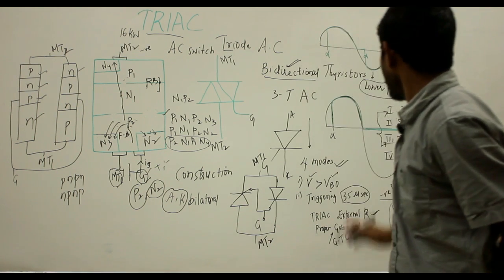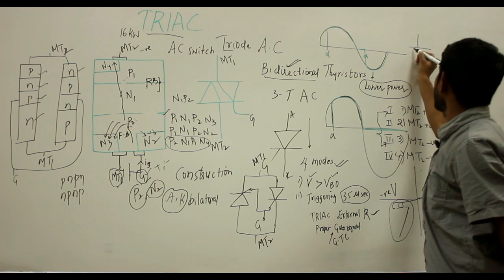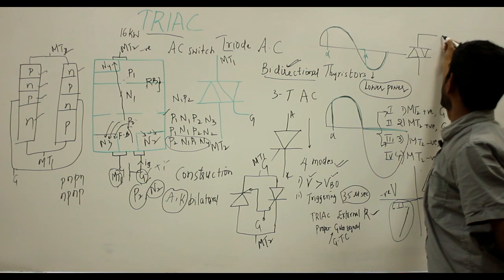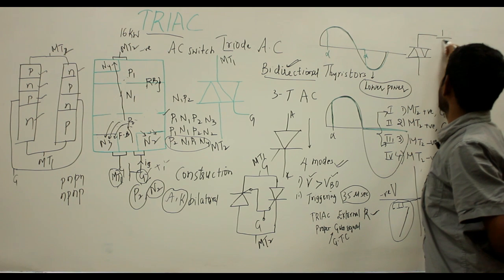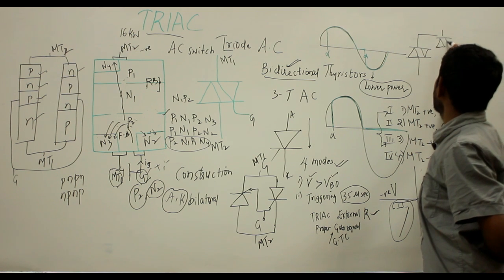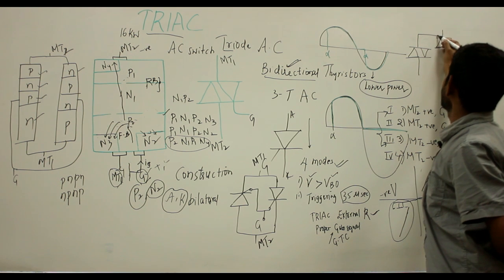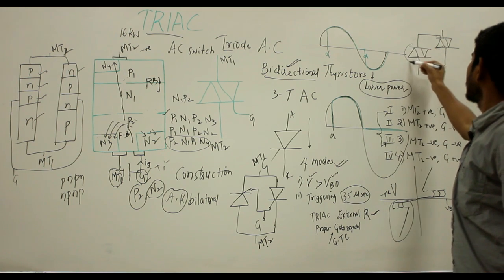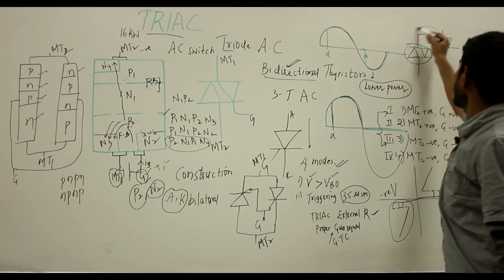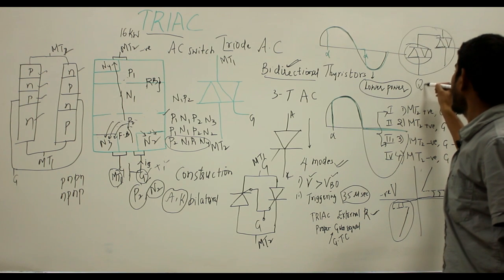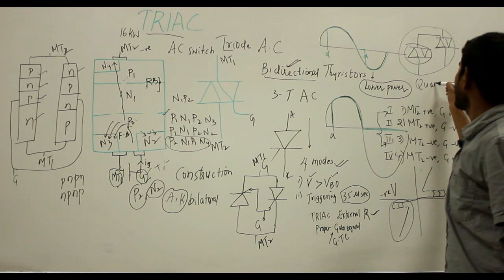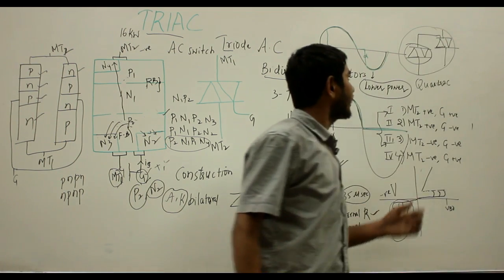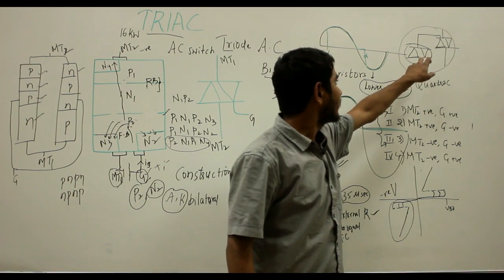So if I draw it here, say this is my diac, and if I connect one terminal to the gate terminal of my triac, so this combination is called the quadrac combination, where the diac is connected in series with the triac for getting the gate pulse from the diac.